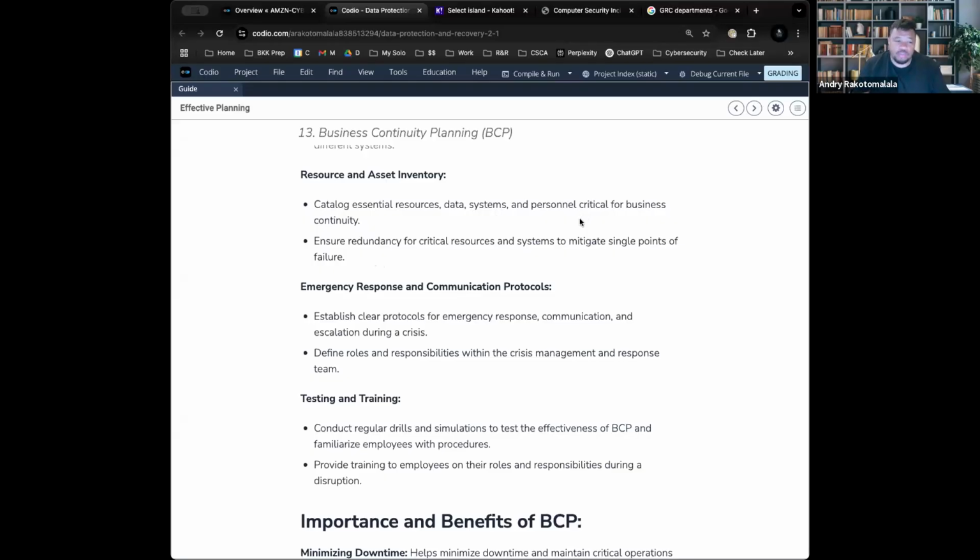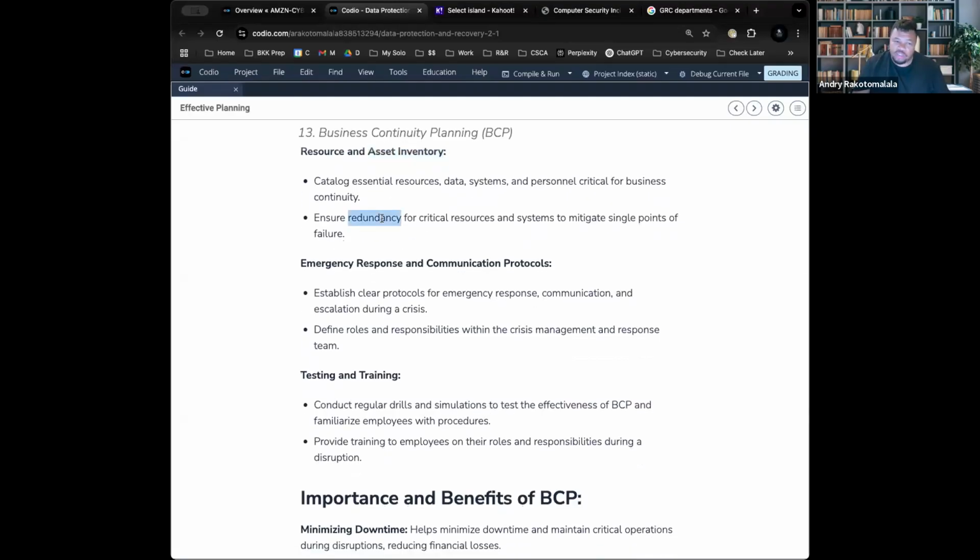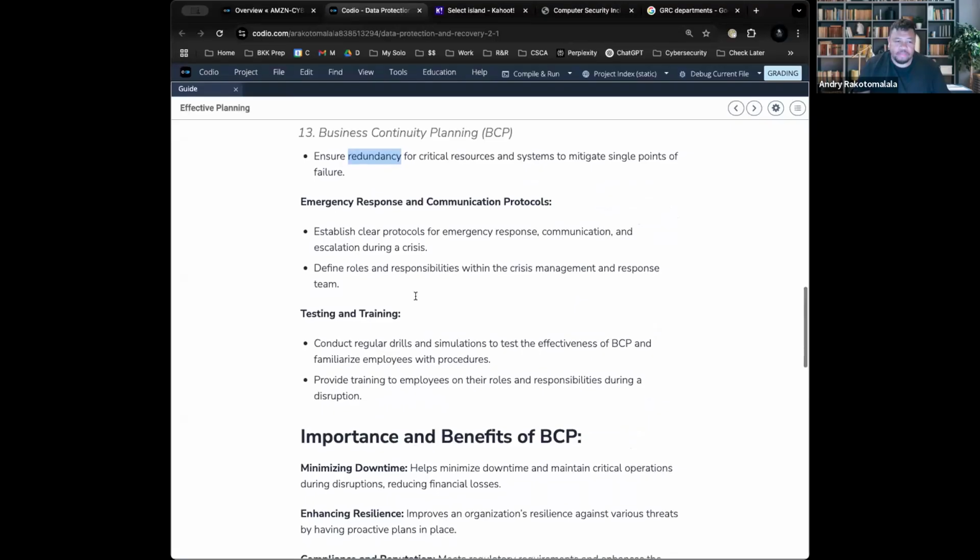Okay, that is a step you need in order to do asset inventory. Keep in mind, as a company, an asset is not just data, systems, or computers. It's also human resources. You need to know how many human resources you have because they technically are an asset to the company. Then you need to make sure you have redundancy and do testing.